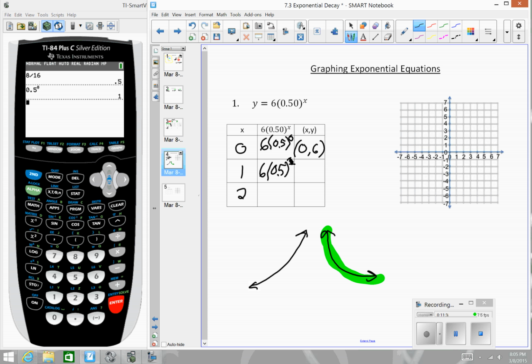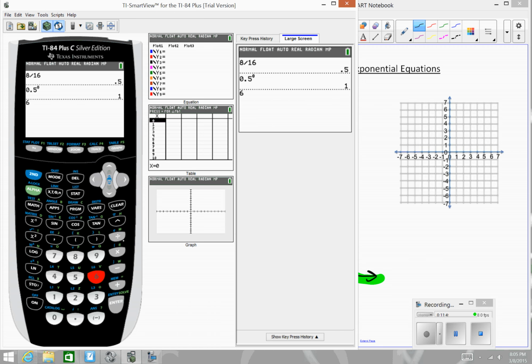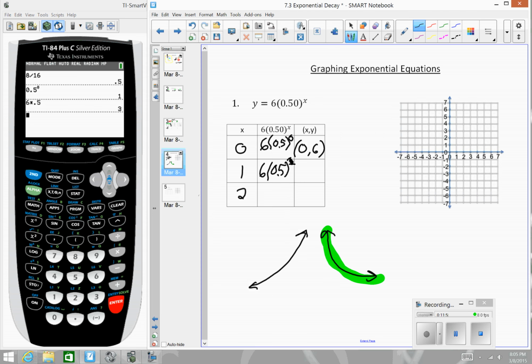Order of operations, multiply. So we need to take our 0.5 and multiply it by 6. So take your 6, multiply it by 0.5, and what are you going to output? You're going to output a 3. So I'm going to input a 1, I'm going to output a 3, and that ordered pair is going to be 1, comma, 3. Cool.